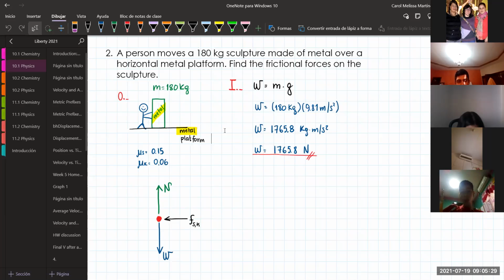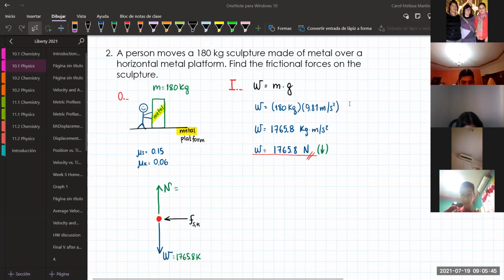If you know the weight, you know the normal. This is going down. And the normal is going to have the opposite sign. It's going to be going up. Okay? Same value, but going up.